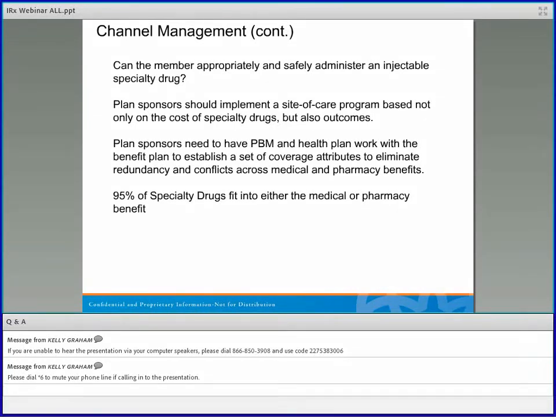But after a couple times, I don't want to be paying the physician fee for administering that drug. You can do it at home. The PBM we work with will either have a nurse or somebody on the specialty pharmacy side that will call and work with you or train you on how to give that injection. So there are little things like that you can do to lower your costs on the medical side.